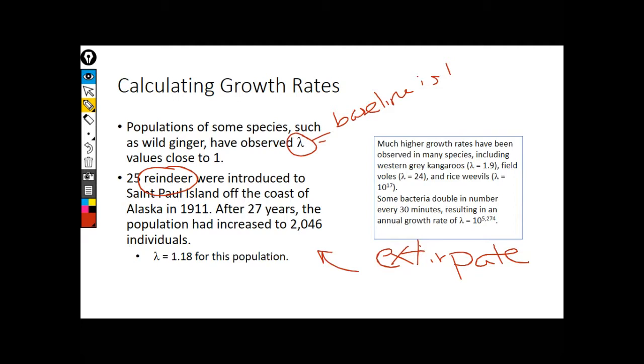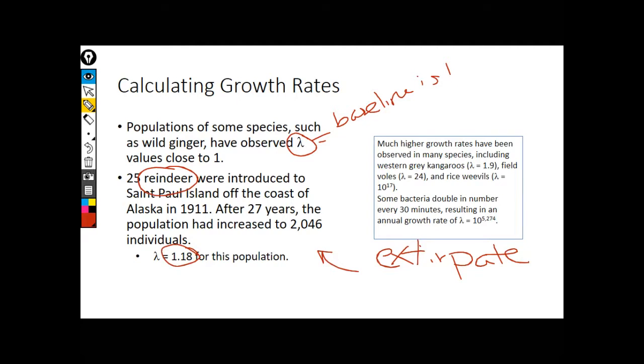Okay, so nearly 30 years later, from 1995 to 2000, we have a lambda of 1.18. We had increasing numbers, so we have a positive growth rate for that species.